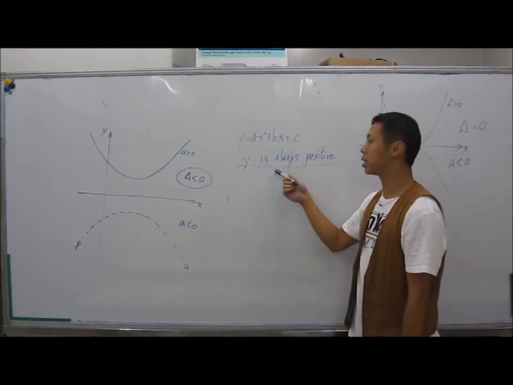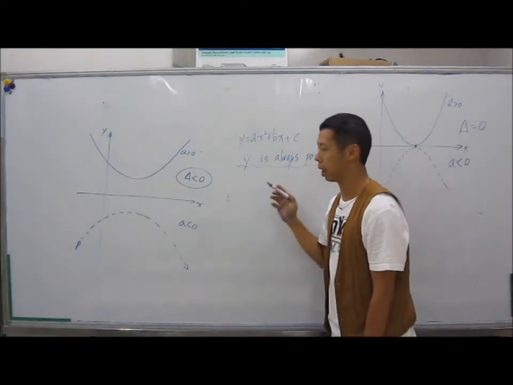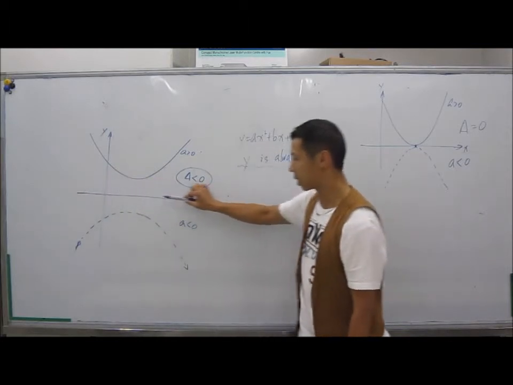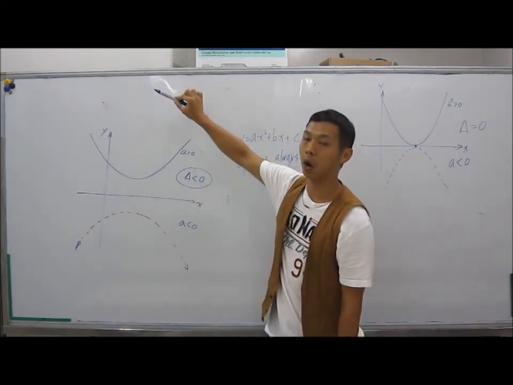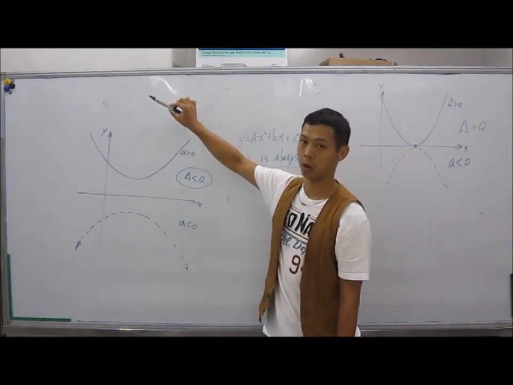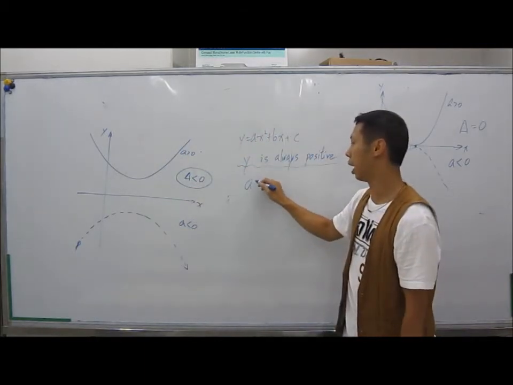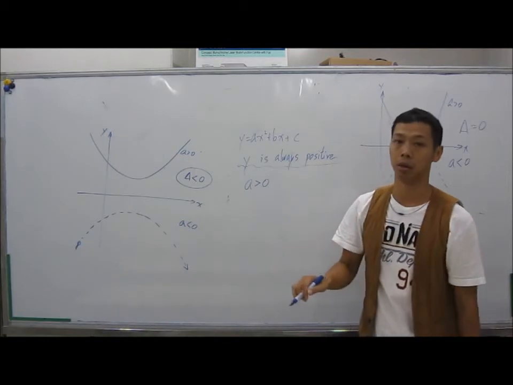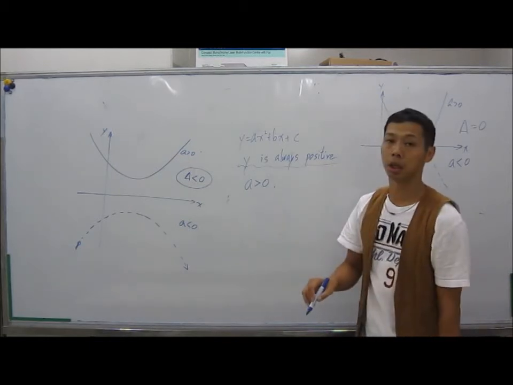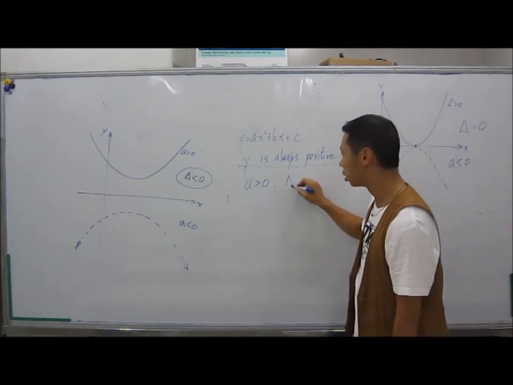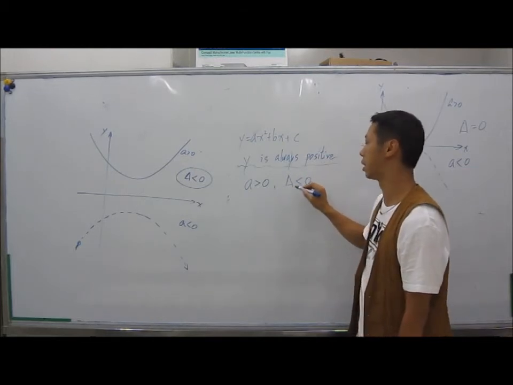It means the graph is always in the upper part of the x-axis. So a must be greater than 0 and delta should be smaller than 0.